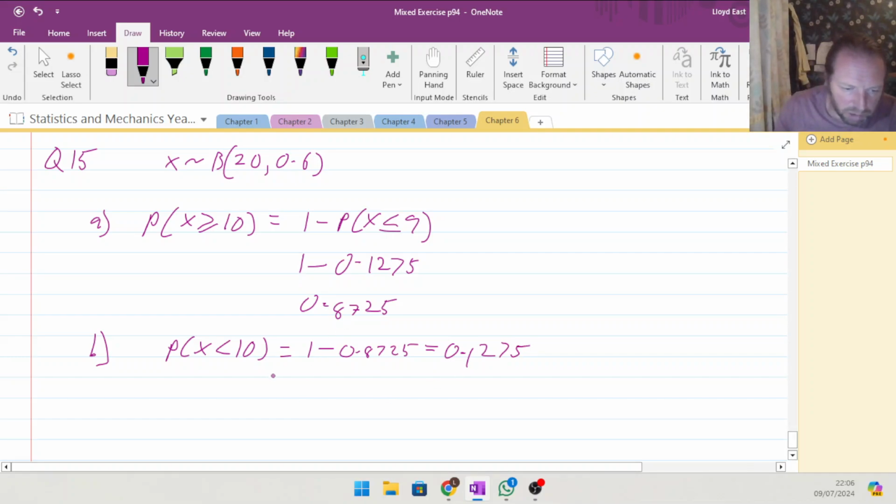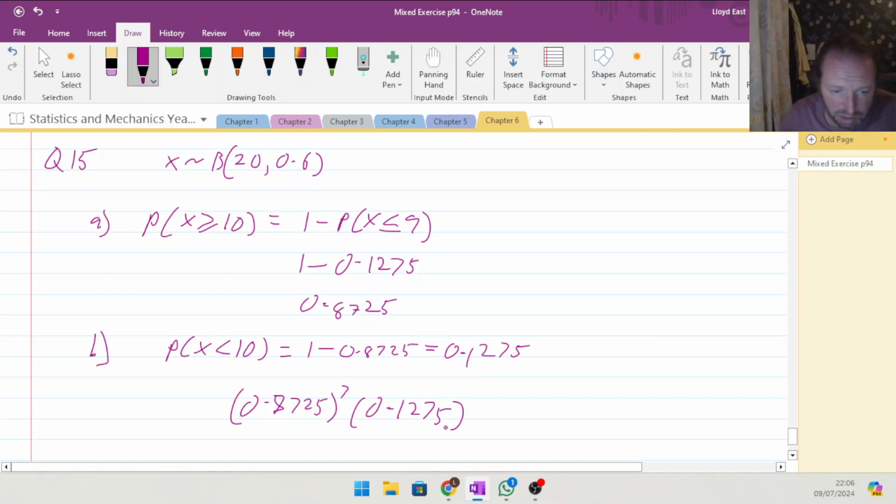So we want to do it that it's 7 out of the 12. So we are going to hit 0.8725, and we're going to hit that 7 times, and then we are going to hit the 0.1275, then not hitting it 50% of the time.